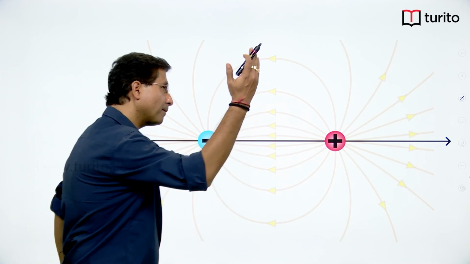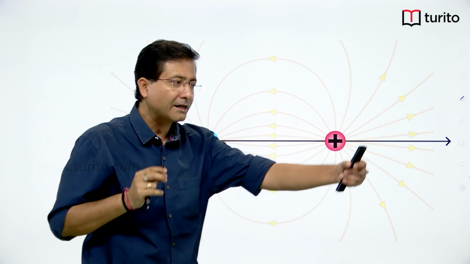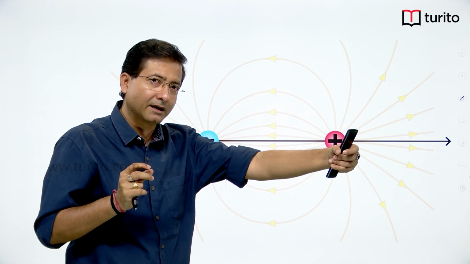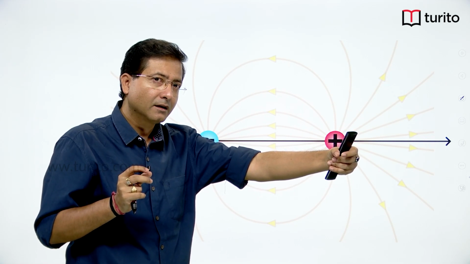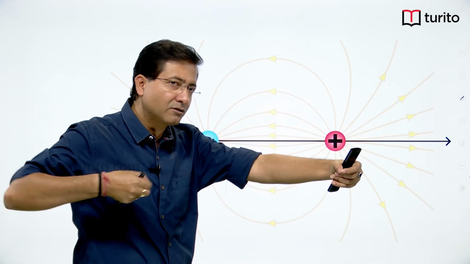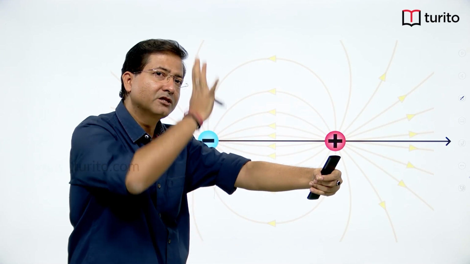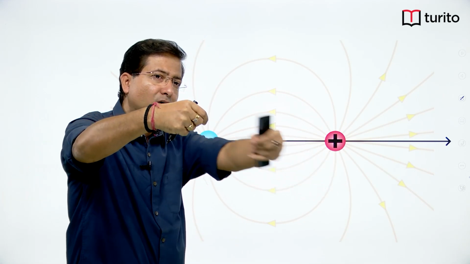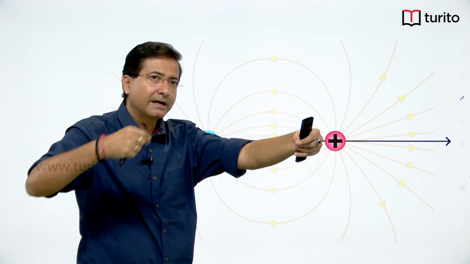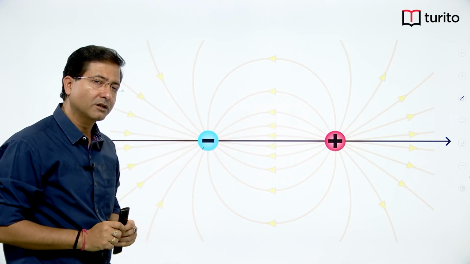Now visualize a plane passing through the bisector. If I keep two charges, one positive and an equal amount of negative charge here, and I take a plane passing through the bisector perpendicular to the line joining them, at every point on the plane potential will be 0, because this separation is equal to this separation; the negative charge is producing negative potential and the positive charge is producing positive potential, and net potential will become 0.